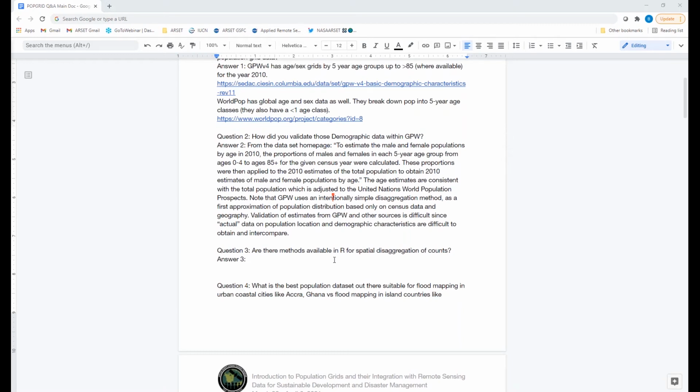Thank you, Bob. Question 3, are these methods available in R for spatial disaggregation of counts? I personally don't work in R, but yes, there are methods available in R to do this type of work.